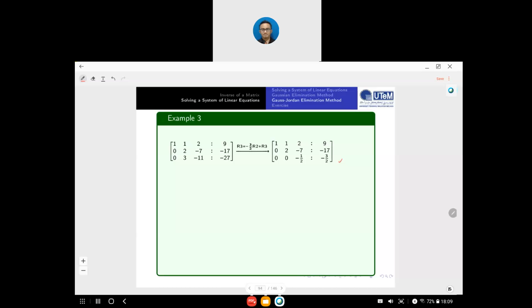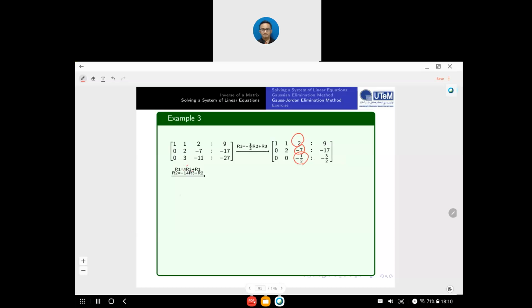Okay. Next, you want to change this value and this value to become 0. So this one uses row 3. That's why I'm using row 3 here. Also the same thing. Why are we using 4 here?